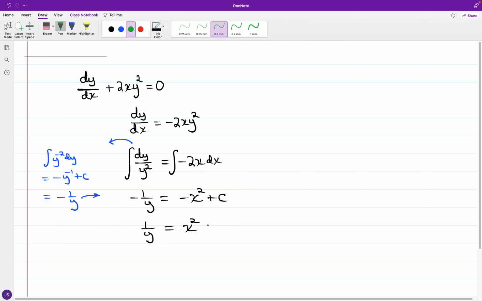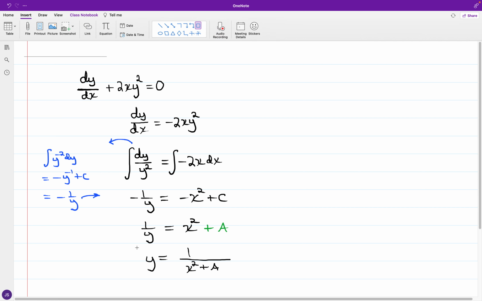You can either say plus c, but I'm just going to choose a different letter. We'll just go with the letter A. And taking the multiplicative inverse, the reciprocal of both sides, we have y is going to be equal to 1 all over x squared plus the constant. And that will be the general solution for this particular problem.